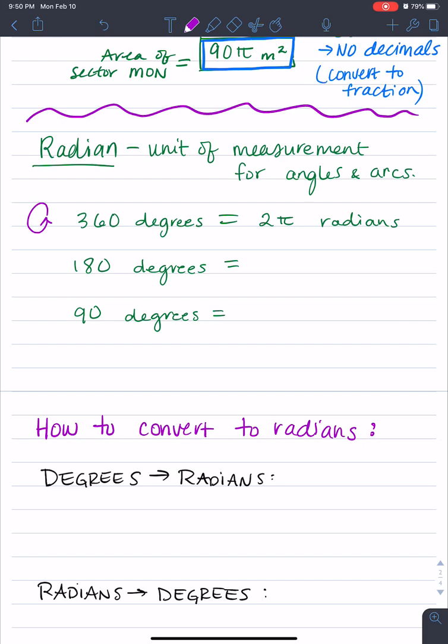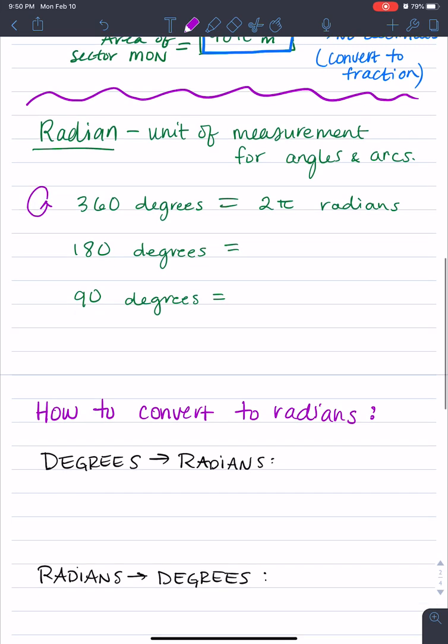Weird. Okay, so let's see how that would relate to other degree measures. Again, let me break it up for you like a coordinate grid. If I'm starting at this point and I'm going all the way around here, that represents 360 degrees. It also represents 2 pi.